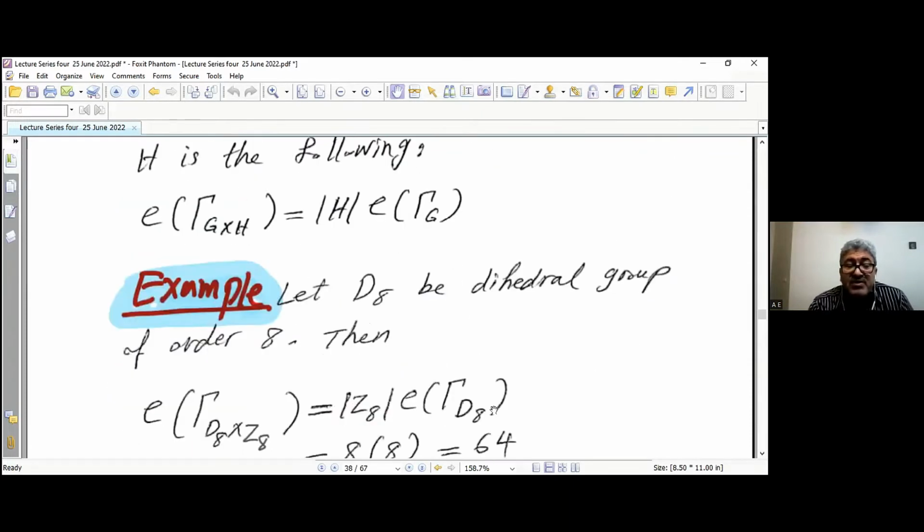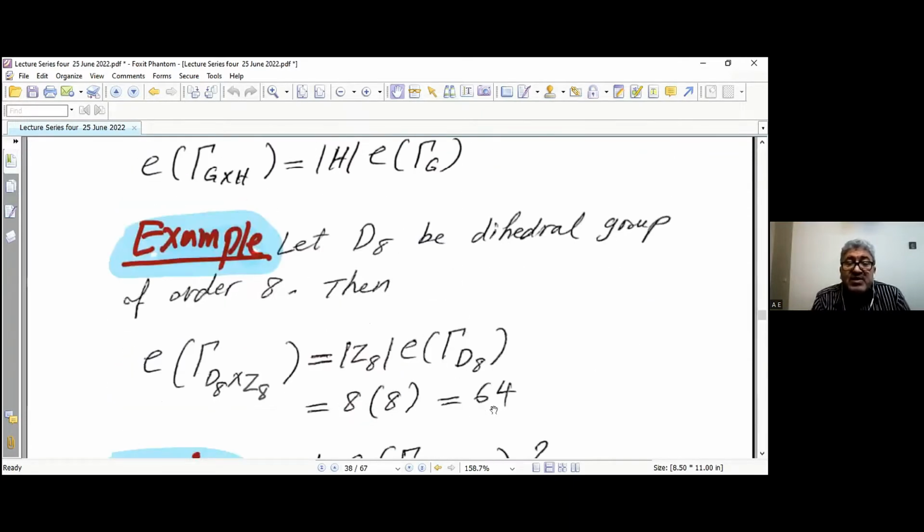For example, take the dihedral group of order 8, which is a non-abelian group, and the cyclic group of order 8, which is abelian.